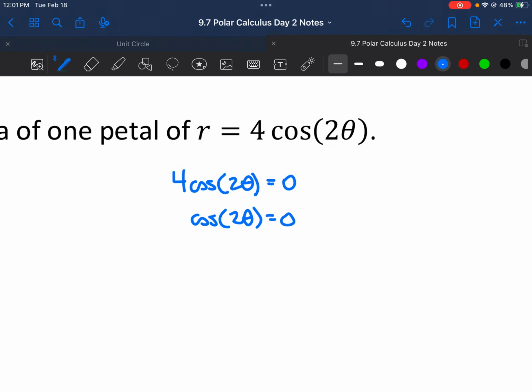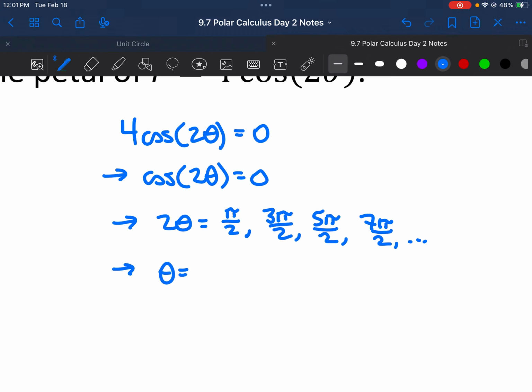Cosine is equal to 0 at pi over 2 and 3 pi over 2, all the odd pi over 2s. So that means 2 theta is equal to pi over 2, 3 pi over 2, 5 pi over 2, 7 pi over 2, and so on. Divide all those by 2 to get theta by itself.